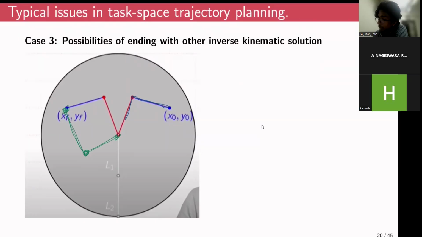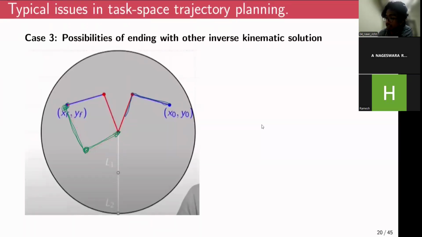You could have simply rotated this entire manipulator arm in the clockwise sense so that it would have reached this configuration. But instead, if you try to plan a straight line trajectory like this, it basically switched the configuration from this elbow down configuration to this elbow up configuration. Instead of going through this configuration, it reached a configuration like this.